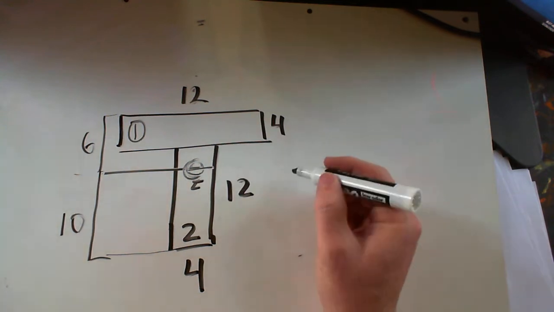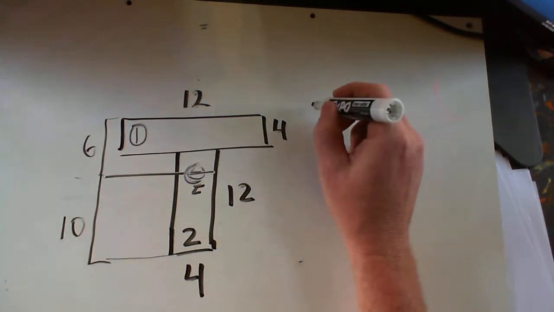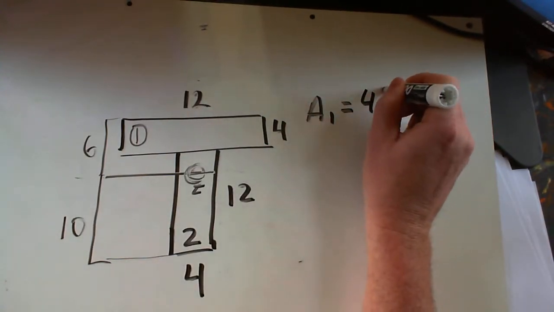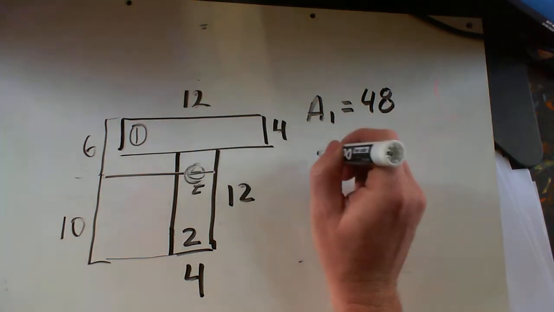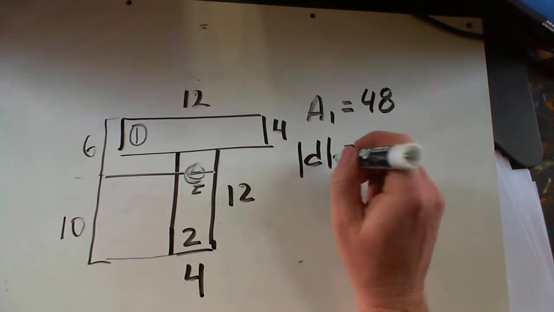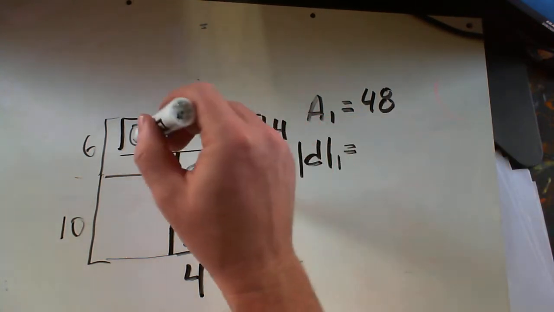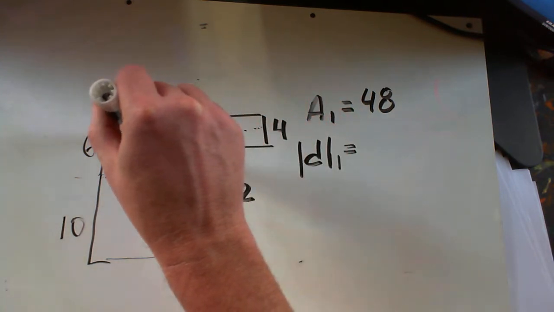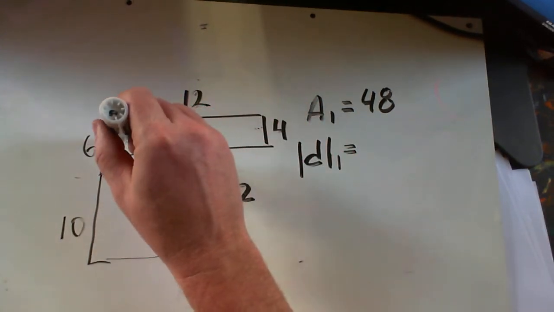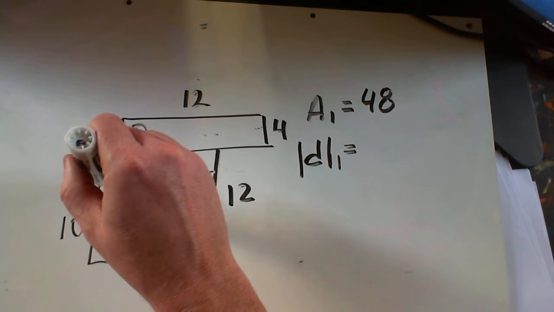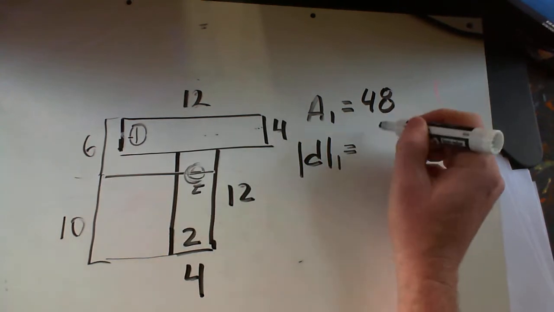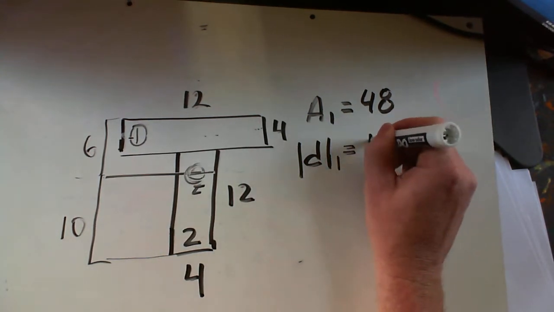So the information that we need from shape 1: the area of shape 1 is going to be 12 times 4, that is 48. The distance from the centroid of shape 1, the absolute value of D for shape 1, right? So the centroid of shape 1 would be 2 in there. And so if the Z is 6 and this is 2 down, the D for shape 1 is going to be 4.